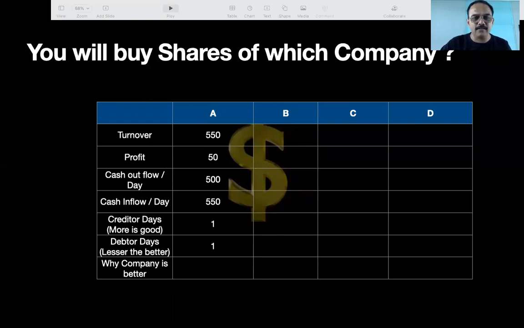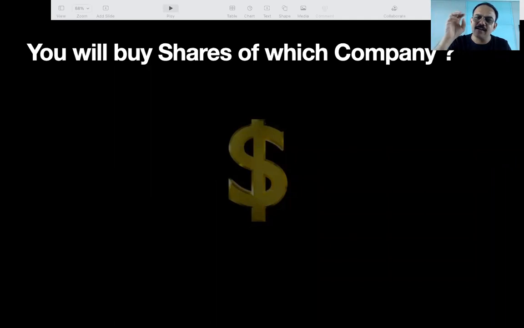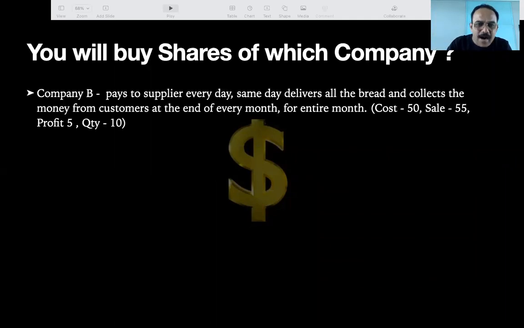Good, excellent, good job. Now there is a company B, same business, 10 bread ka hi business hai, 50 rupees mein hi kharidta hai, 55 only they sell, 5 rupees profit, but pays to the supplier every day. So morning they'll take 500 rupees, pay to the supplier 500 rupees, deliver the bread, and collect the money from the customer at the end of the month, not every day.